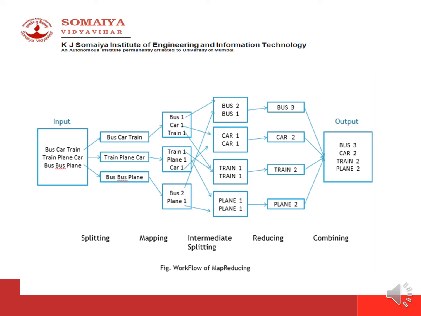After that, we sum up the count for similar words. So this gives me 3 occurrences of bus, 2 for car, 2 for train and 2 for plane. And finally we combine it together to produce our final output. So this is the complete data flow for a word count program using MapReduce.